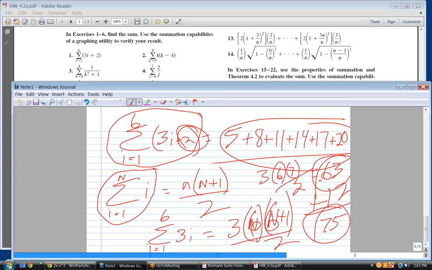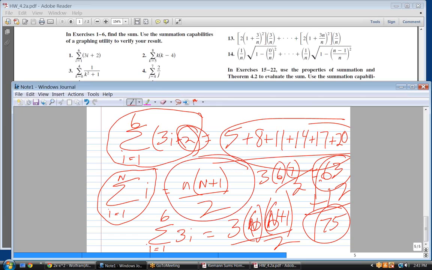So, in other words, I can see how that'd be quicker. Yeah, if I was going from 1 to 17, it'd be much faster to use that formula than it would be to count out each term of the series.